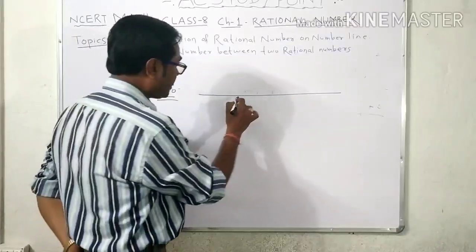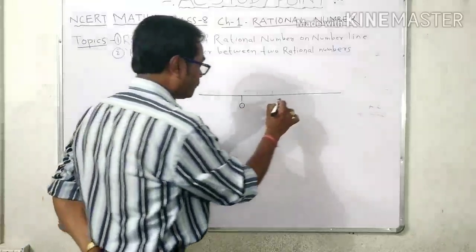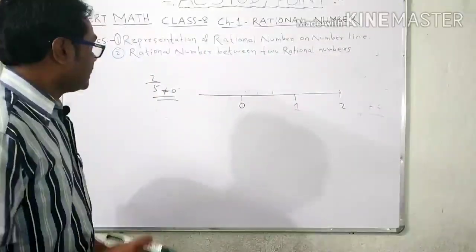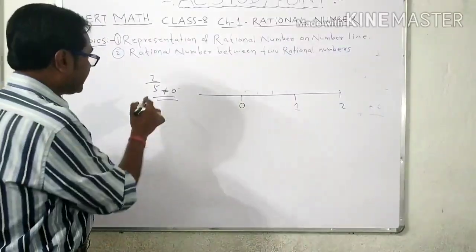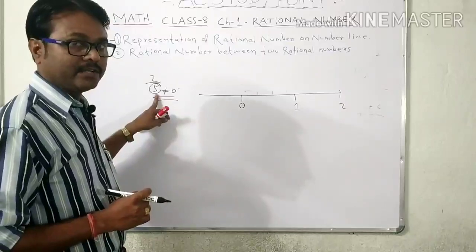Suppose here it is 0, this is 1, this is 2. We check the denominator, which here is 5.